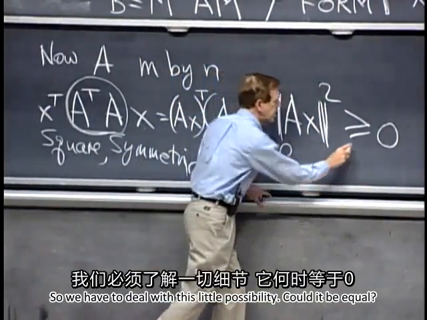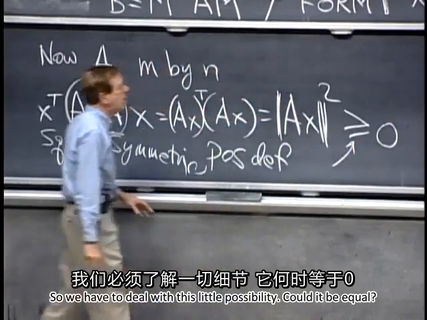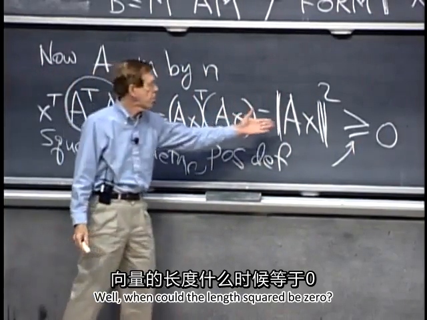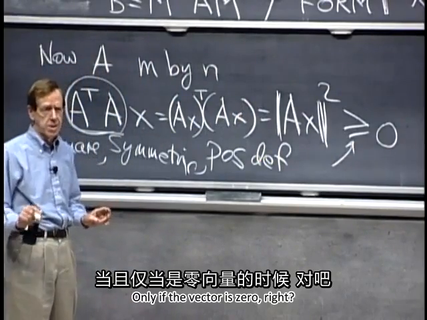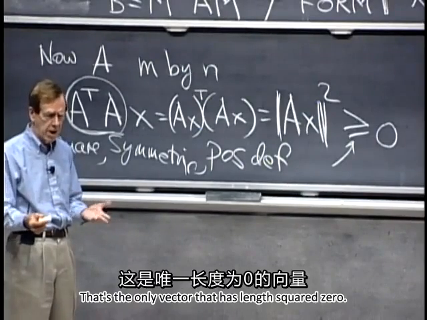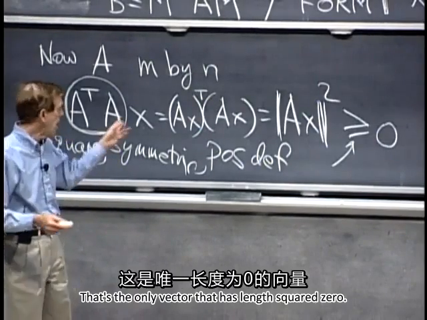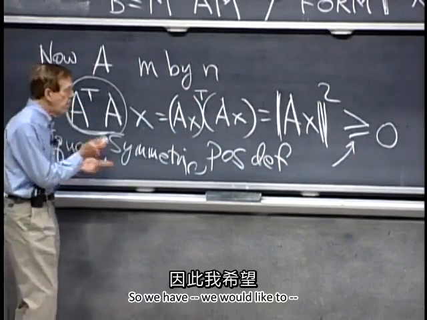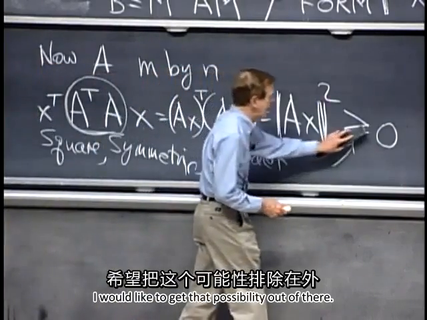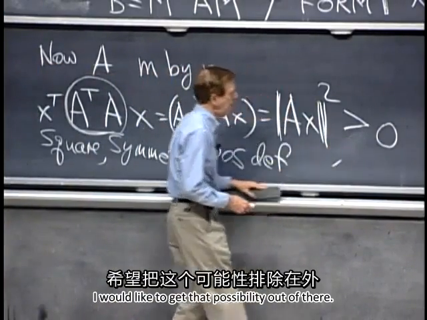So we have to deal with this little possibility. Could it be equal? Well, when could the length squared be 0? Only if the vector is 0, right? That's the only vector that has length squared 0.